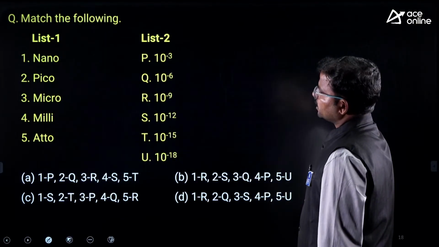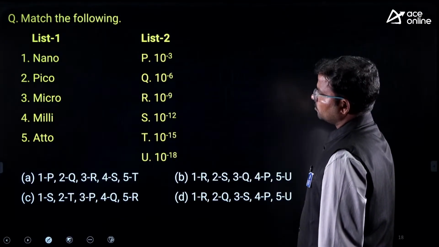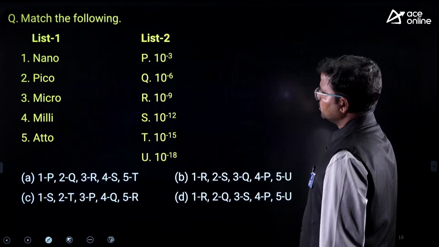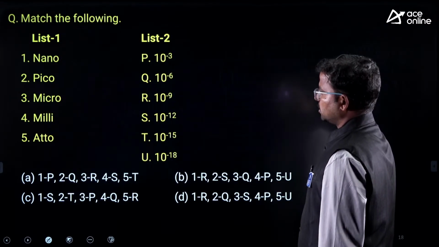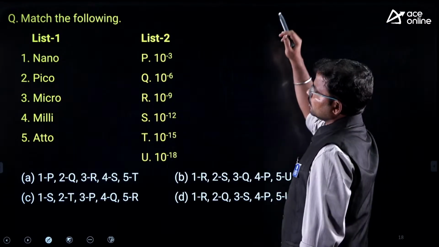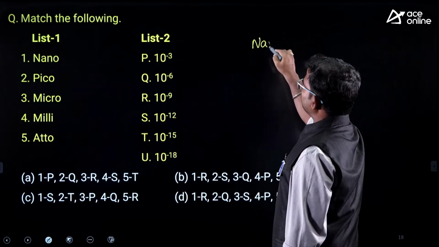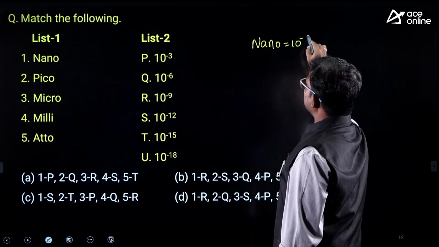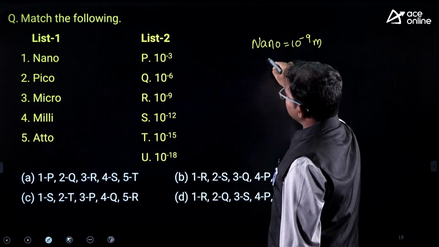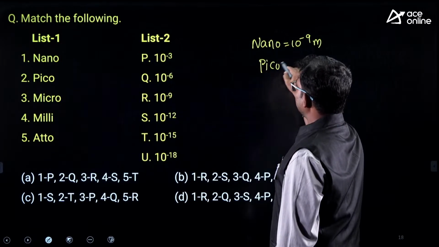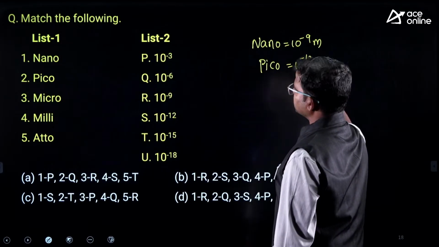Next one, match the following: nano, pico, micro, milli, atto. Nano is equal to 10 power minus 9 meters. Pico is equal to 10 power minus 12 meters.